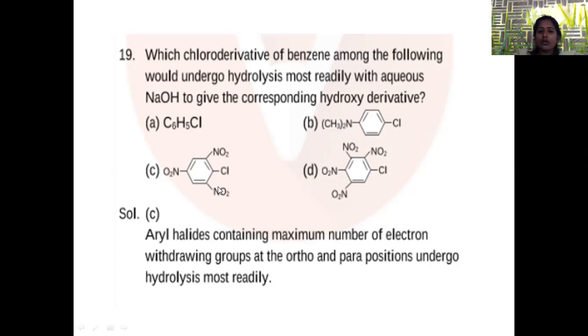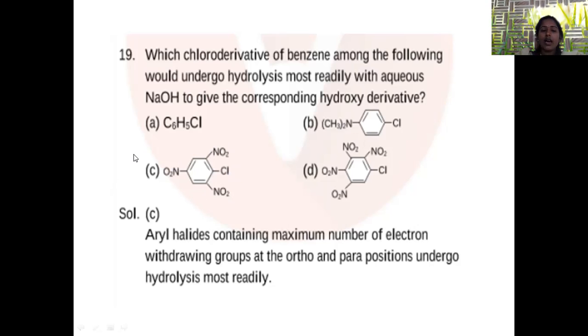In aromatic nucleophilic substitution reactions, a normal aromatic ring is not reactive towards nucleophilic substitution because the formed carbanion is not stabilized by resonance, because it is accumulated on the sp2 carbon only. There is no conjugation. That's the reason why when electron withdrawing groups are present, preferably at ortho and para positions, then the carbanion is somewhat stabilized so that the nucleophilic substitution reaction proceeds.